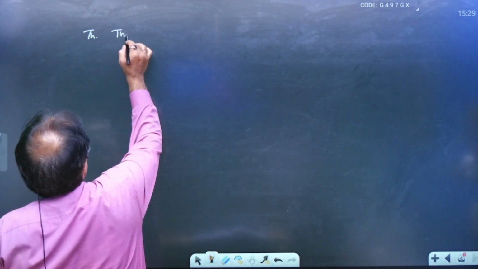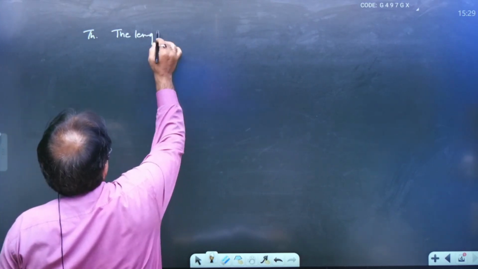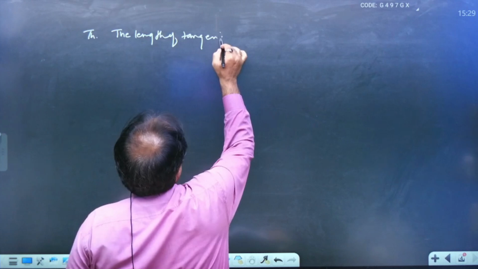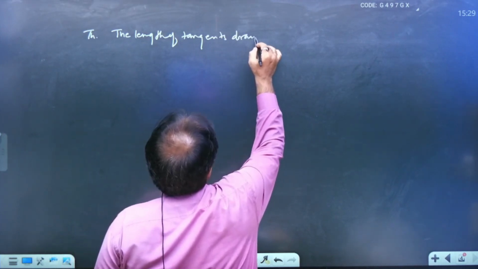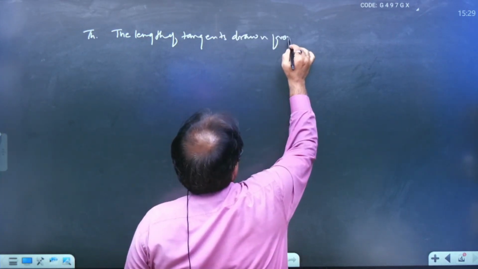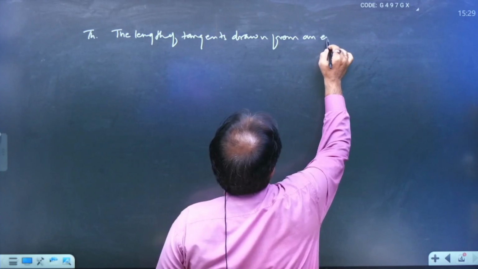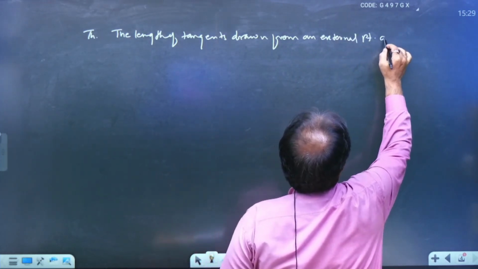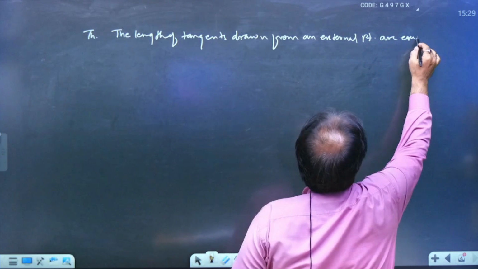The length of tangents drawn from an external point to a circle are equal in length.